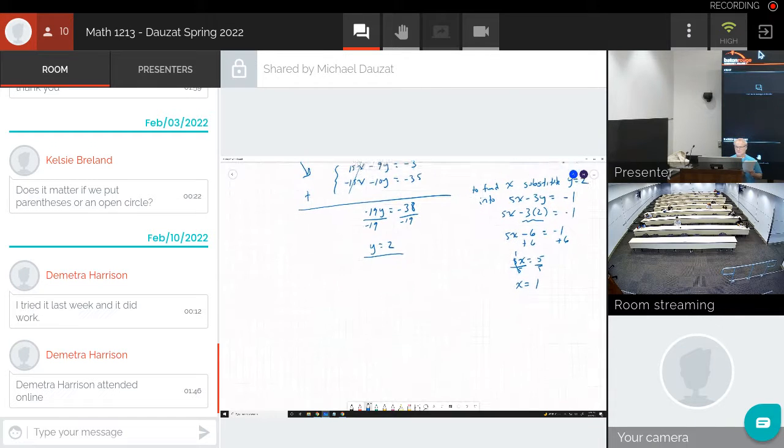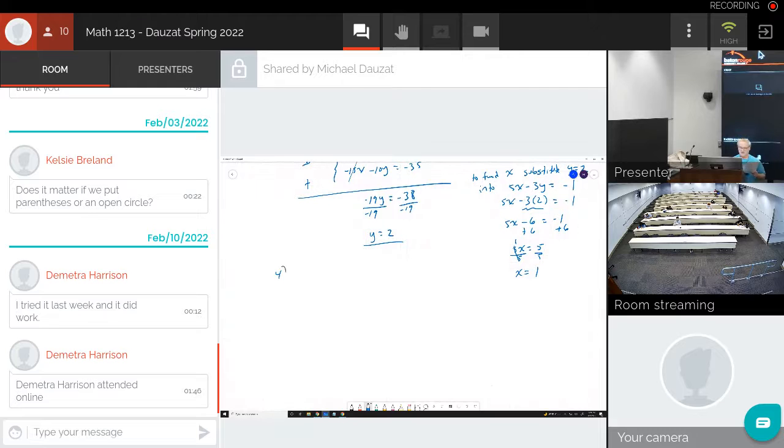Okay. 4. 5x plus 12y equal 11. 3y equal 4x plus 1.